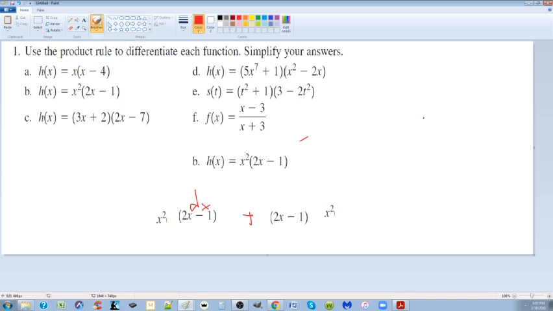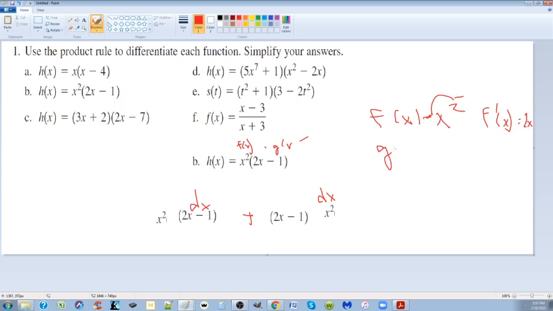Now, if you want, you're allowed to take all your products here and just assign them. Say h of x is equal to f of x times g of x. And you're allowed on the right to say, well, my f of x is equal to x squared. And my f prime of x, therefore, is equal to 2x.